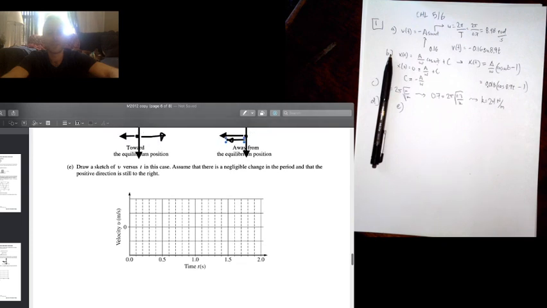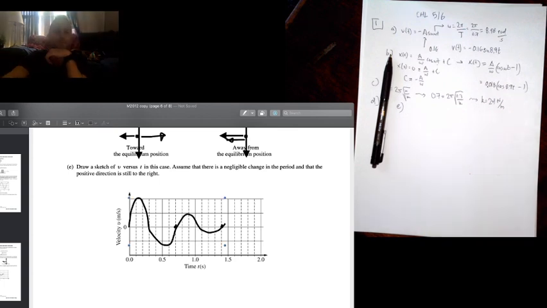So you're going to see the typical damped simple harmonic motion. This is one period. This is two periods. Something like that. I tried my best.